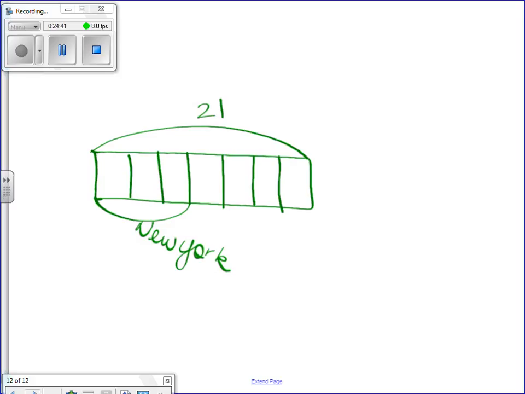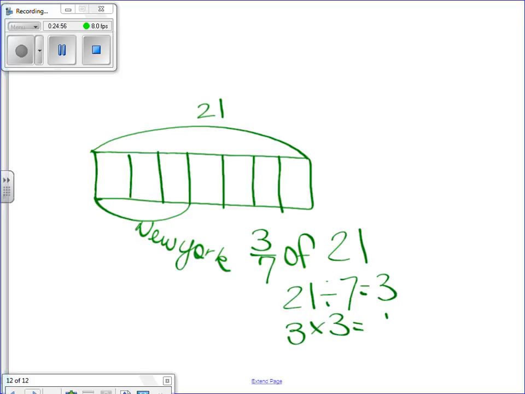How did you figure it out? 3/7 of 21. 21 divided by 7 equals 3. 3 times 3 equals 9. Because 21 divided by 7, each one was 3. So that's 9. That makes sense. So she lived in New York for 9 years, and wherever else she lived doesn't really matter. It's not important.